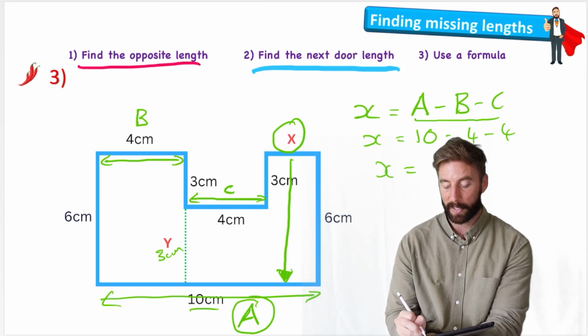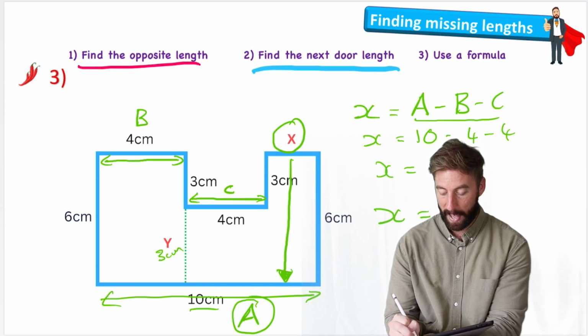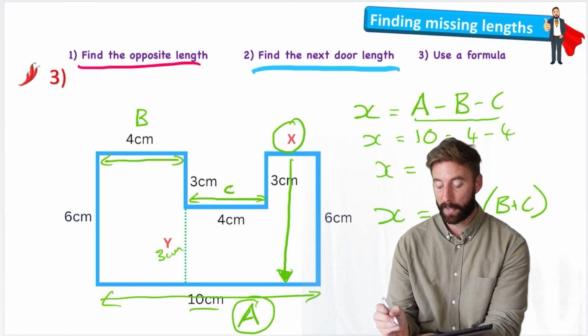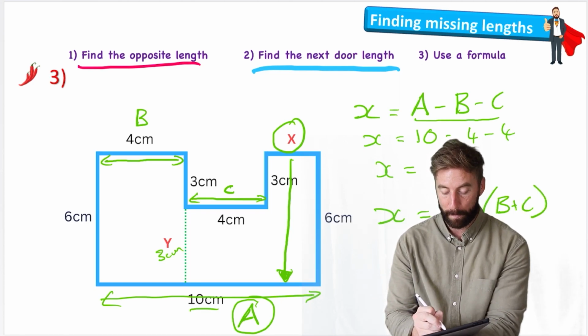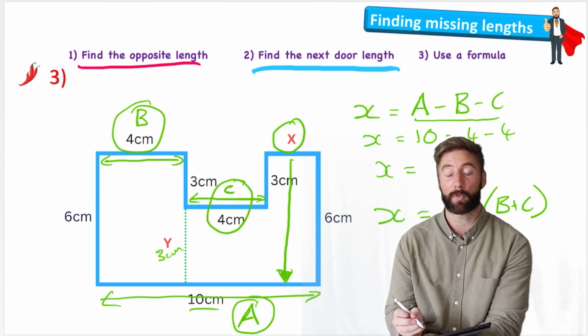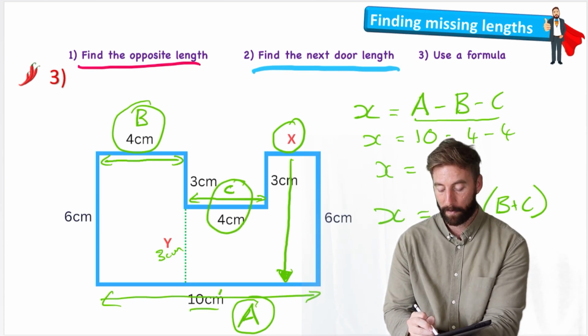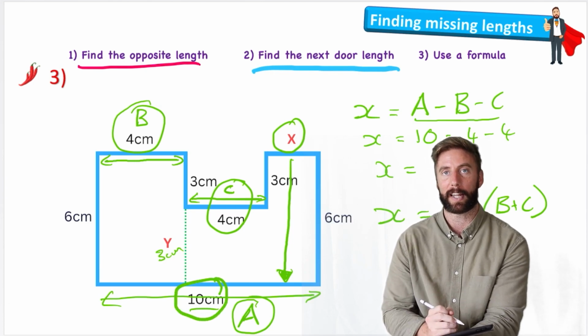So what we'd actually write this as is X equals A subtract B plus C in brackets. Because if you think about it, B plus C would be this 4 centimeters added to this 4 centimeters, and then if we just subtracted that combination away from my 10 centimeters, I'm still going to get the same answer.